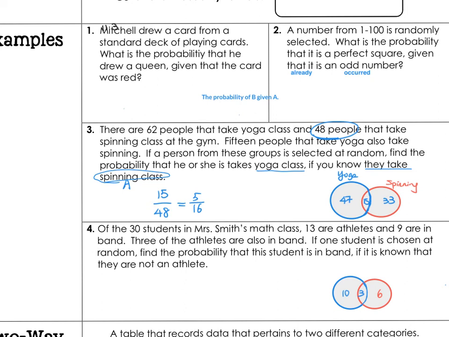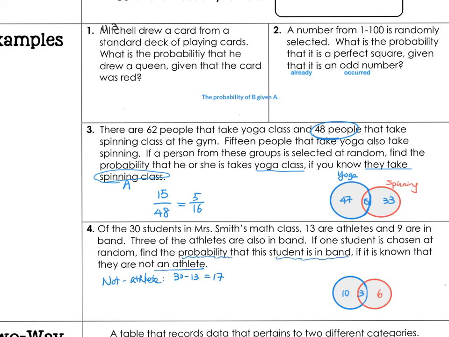And now let's analyze the final question here. What we already know is that they're not an athlete. So if in total there are 13 athletes, the not-athletes group or event is 30 minus 13, which gives me 17. So now I'm asked to find the probability that the student is in band.